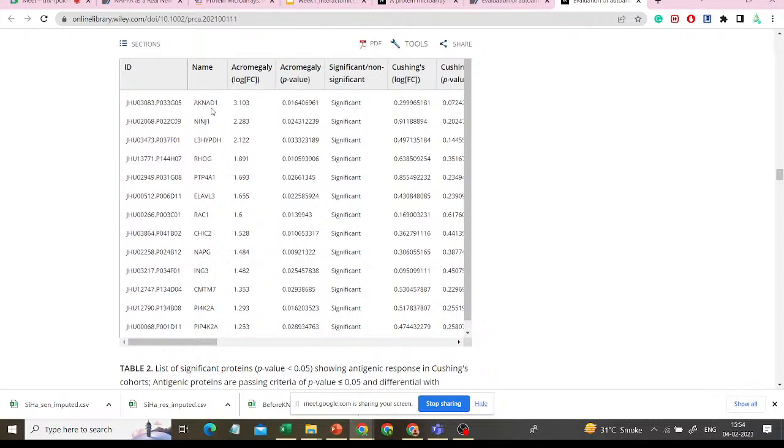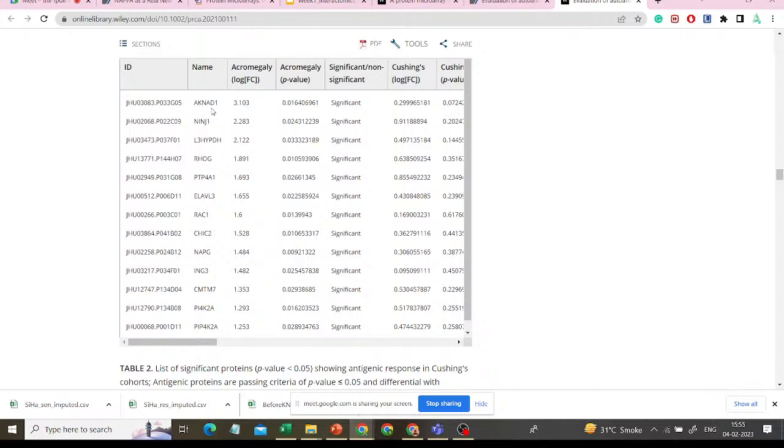When the serum is analyzed through that chip, the clinician would immediately be able to detect that this patient's autoantibody profile is like this.